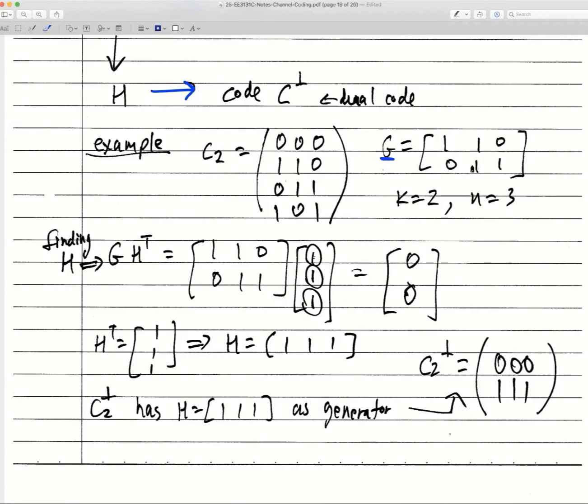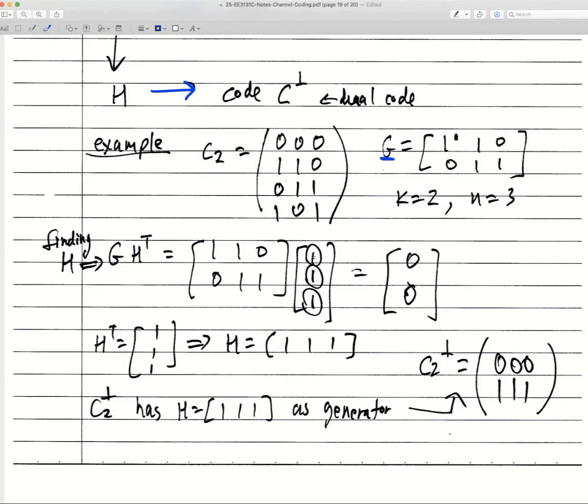Since it's a linear code, all linear codes map 0 to 0, so it is mapping 0, 0 to 0, 0, 0, but it's not necessarily mapping 1, 1 to this, 0, 1 to this, and 1, 0 to this. It's a different mapping, and you can figure out what that mapping is.